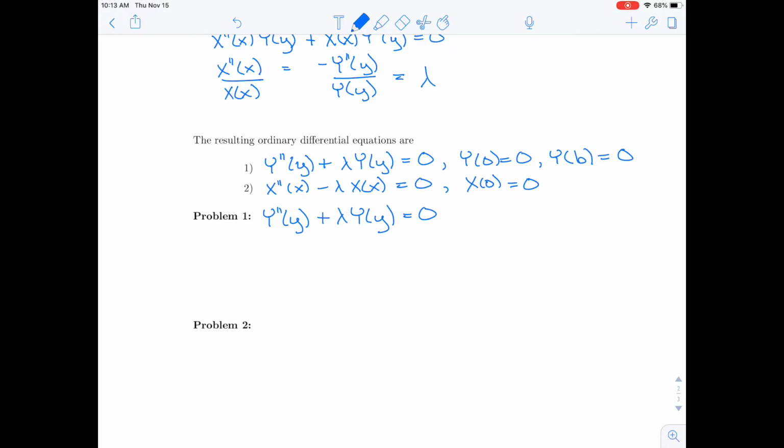You'll recall that if I add the boundary conditions where y is 0 on both ends, then the solution is that the eigenfunctions y sub n of y are sine of n pi y over b, and the eigenvalues lambda sub n are n squared pi squared over b squared.